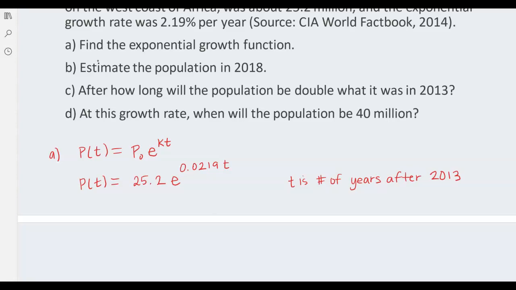For part B, it's asking us to estimate the population of 2018. So we're going to let t equal 5. That'll be 5 years after 2013. So we'll plug 5 in for t.